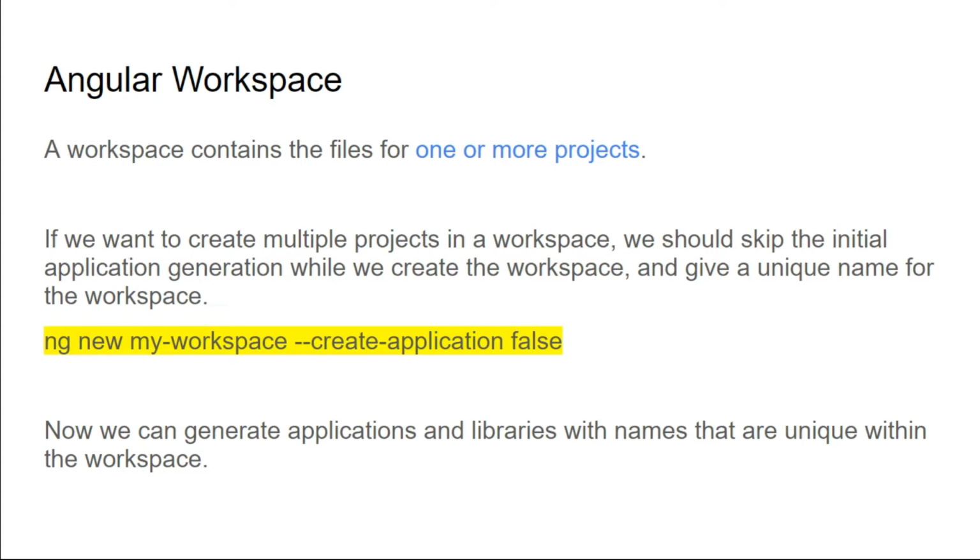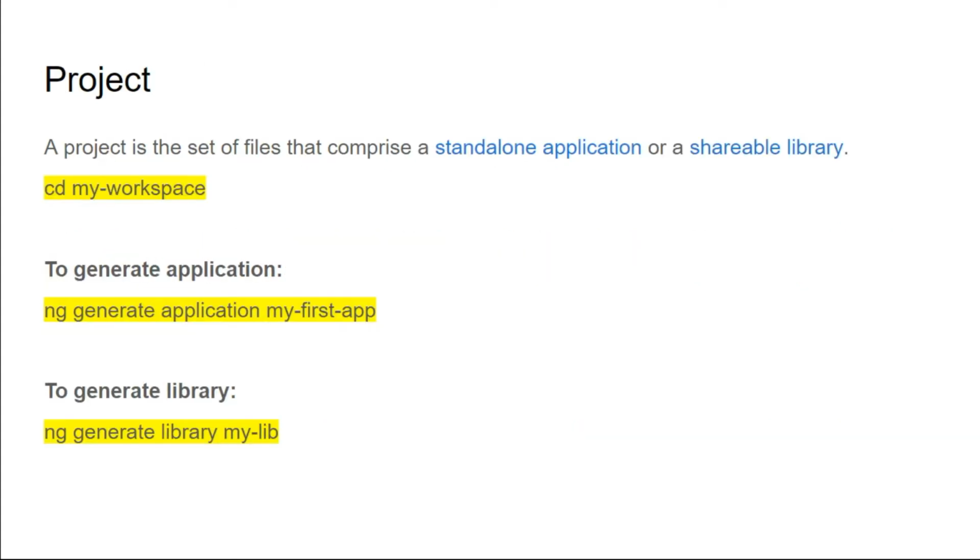Now today we are going to create a project, an application or a library. When we create a project, what kind of files will be created by Angular, and after creating those files, how the package.json, angular.json, tsconfig.json files will be updated. We'll see.